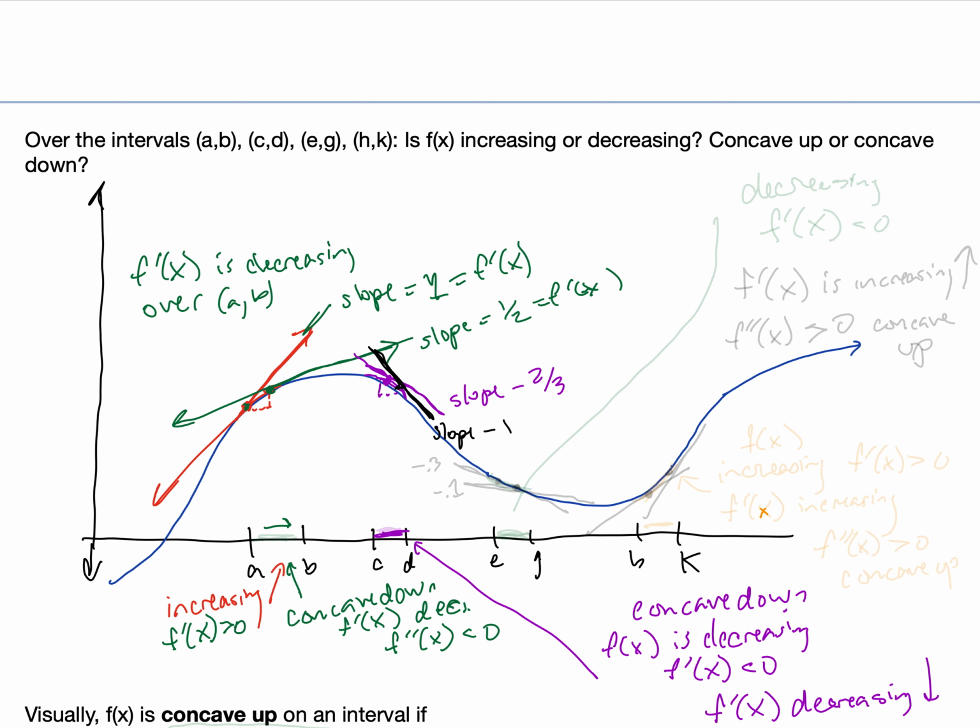What about the interval from E to G? For the interval from E to G, from here to here, what is happening? So we are decreasing. When we go over in x, we're going down in y. So for this interval, we are decreasing, and the first derivative, f prime of x, is less than 0 over that interval.